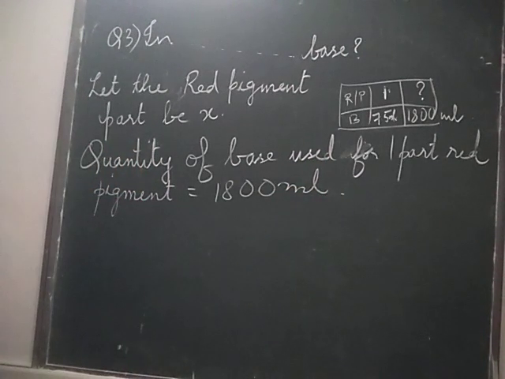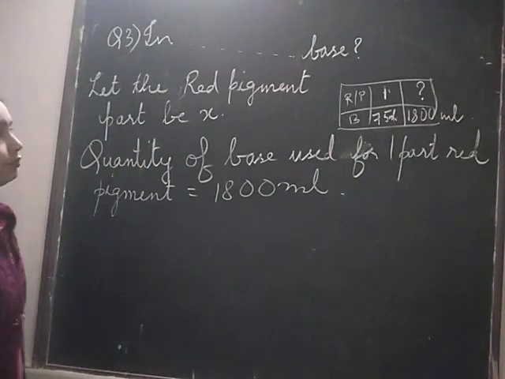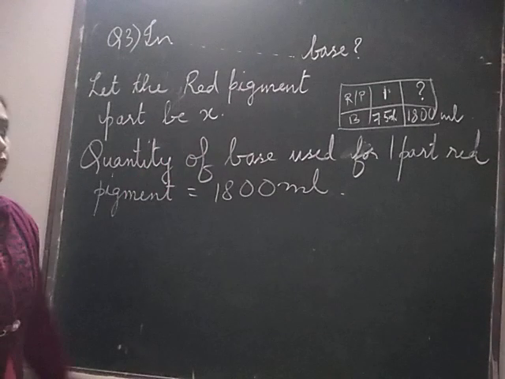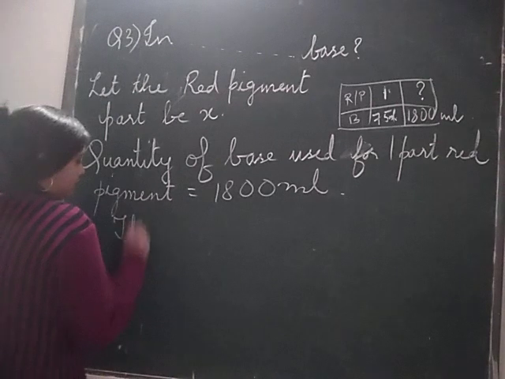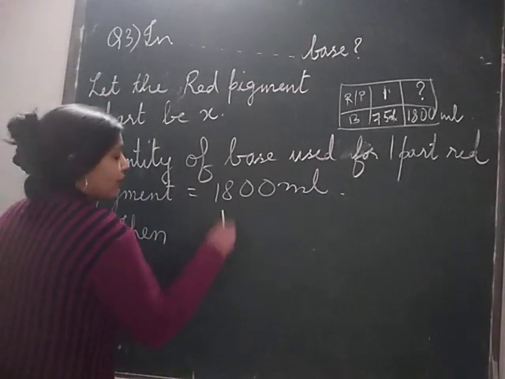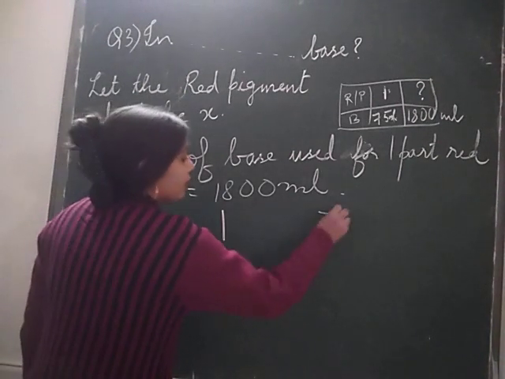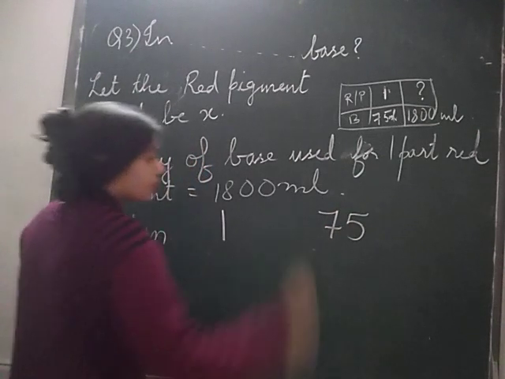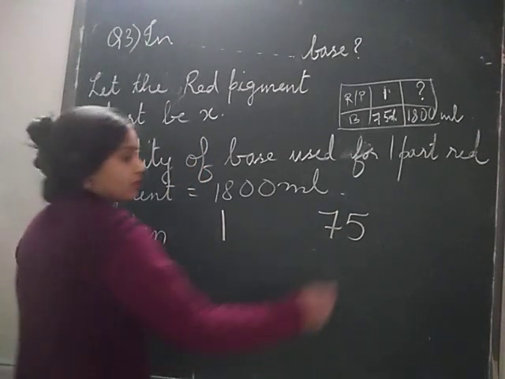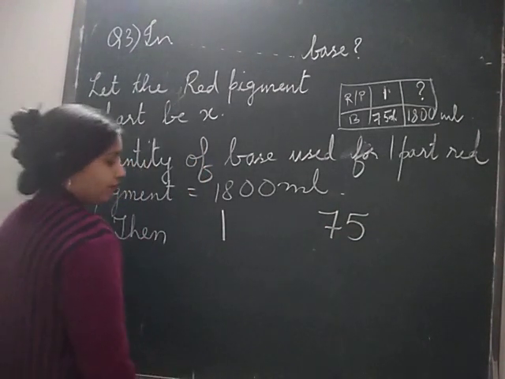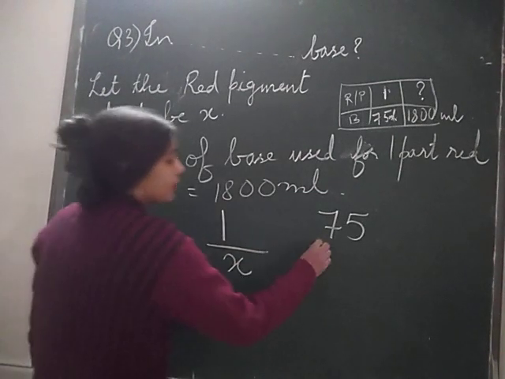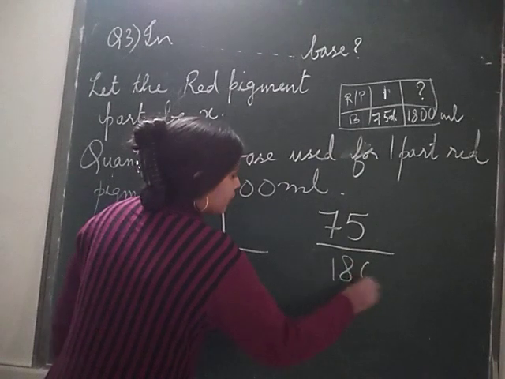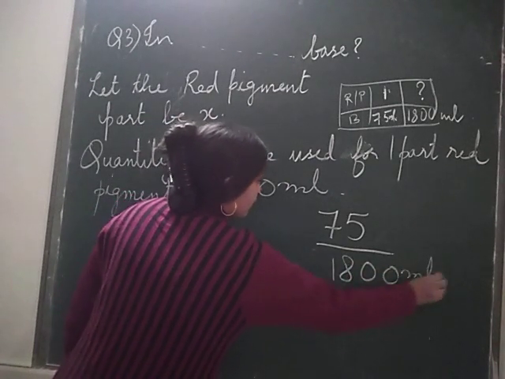Okay, now what to do, children? Now we have to find the value of X. Then one part of red pigment, 75 milliliters of base. X part of red pigment, 1800 milliliters of base.